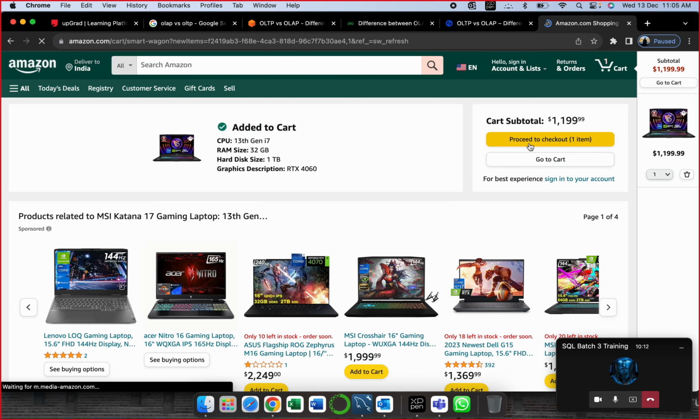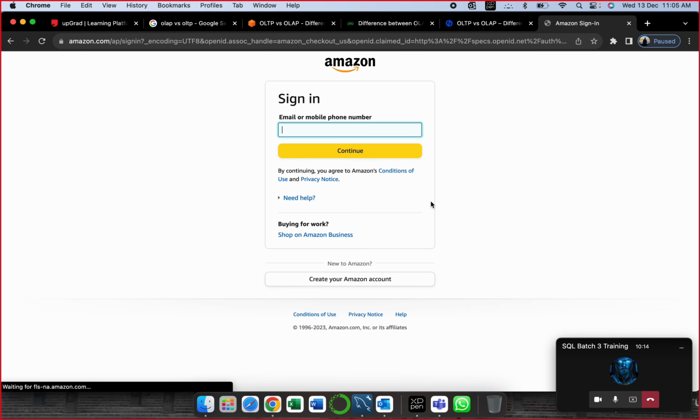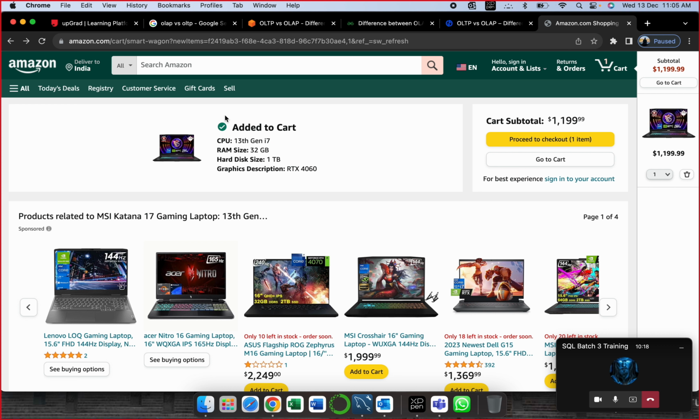The moment I proceed to check out, the inventory gets deducted. Understand? The count of products in this system, this laptop count, will decrease by 1 at the back end. That is also happening in real time. So that is also a real-time processing system.